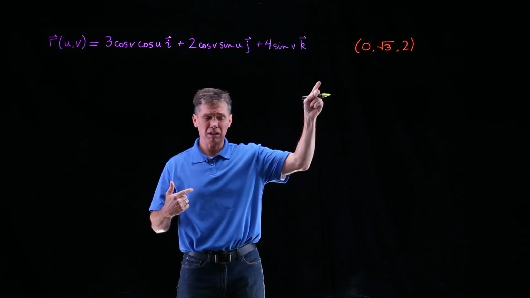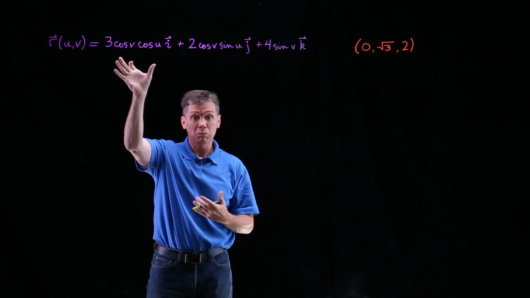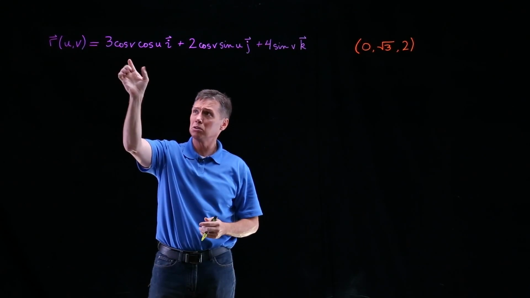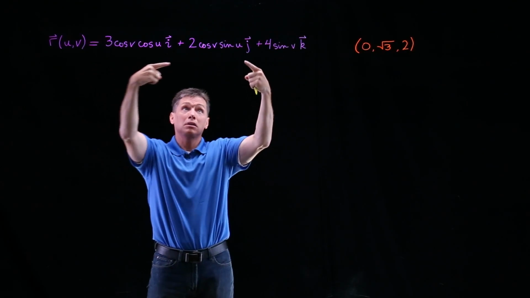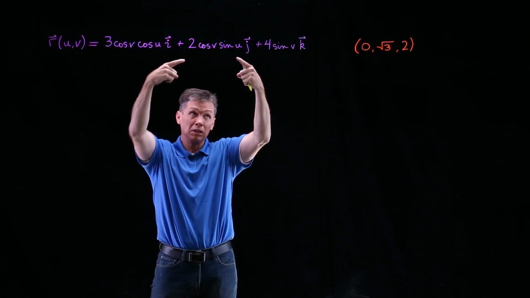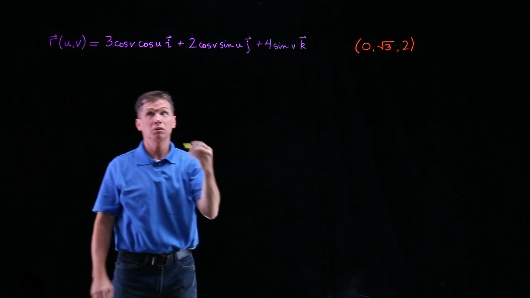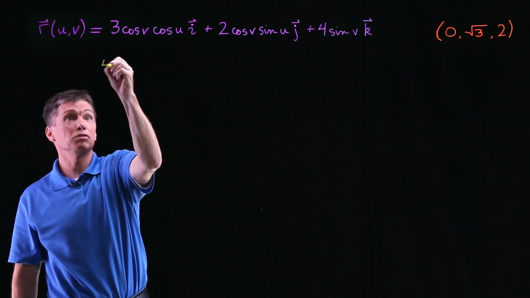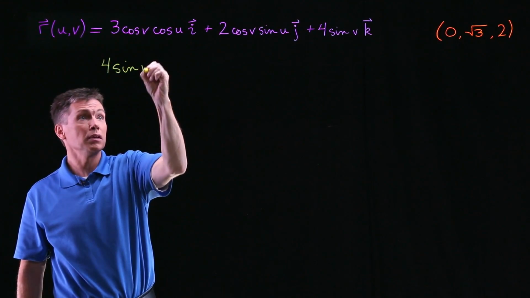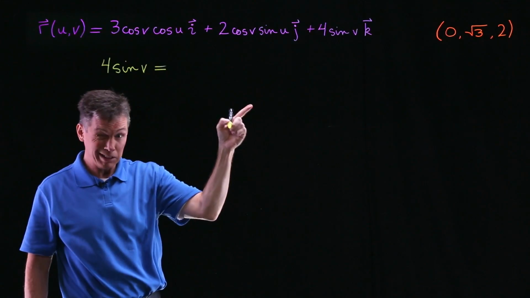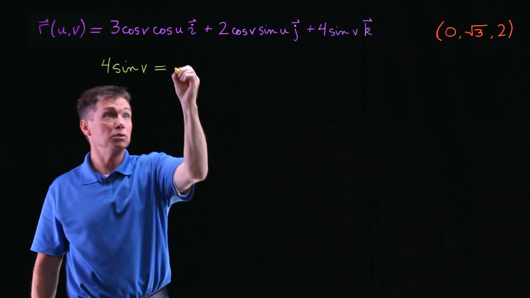Maybe easier said than done sometimes, because it depends how involved these expressions are. So let me talk you through my approach. This expression involves both u and v. This one involves both u and v. So I would definitely pick on this one first, because it only involves one of the parameters. What I know is that sine of v at that point of tangency has to equal the z coordinate of 2.